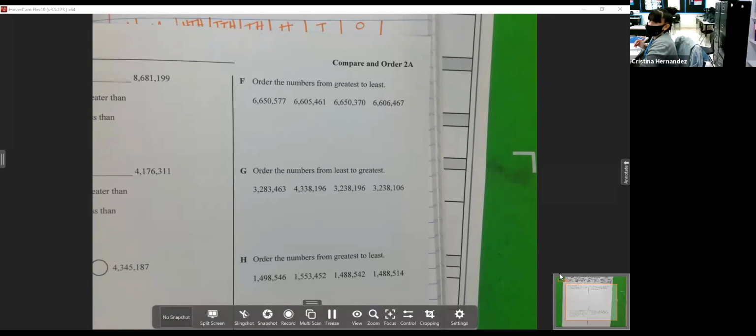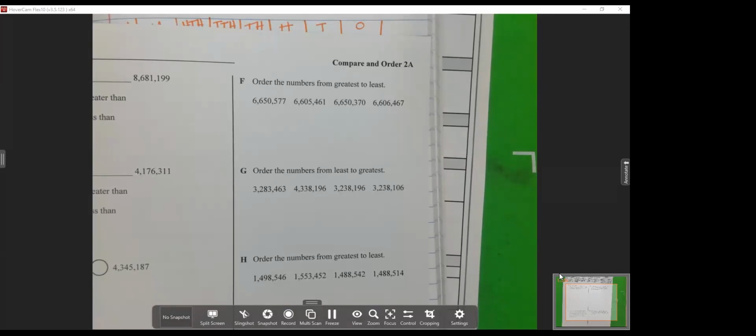Concepts. Wait, 2A on concepts? I'm on it, and it says page 2. Up here, look at mine. 2A. You see at the top? Are you sure? Are you on 3? Make sure it's 2A or you're going to be doing the wrong problem.